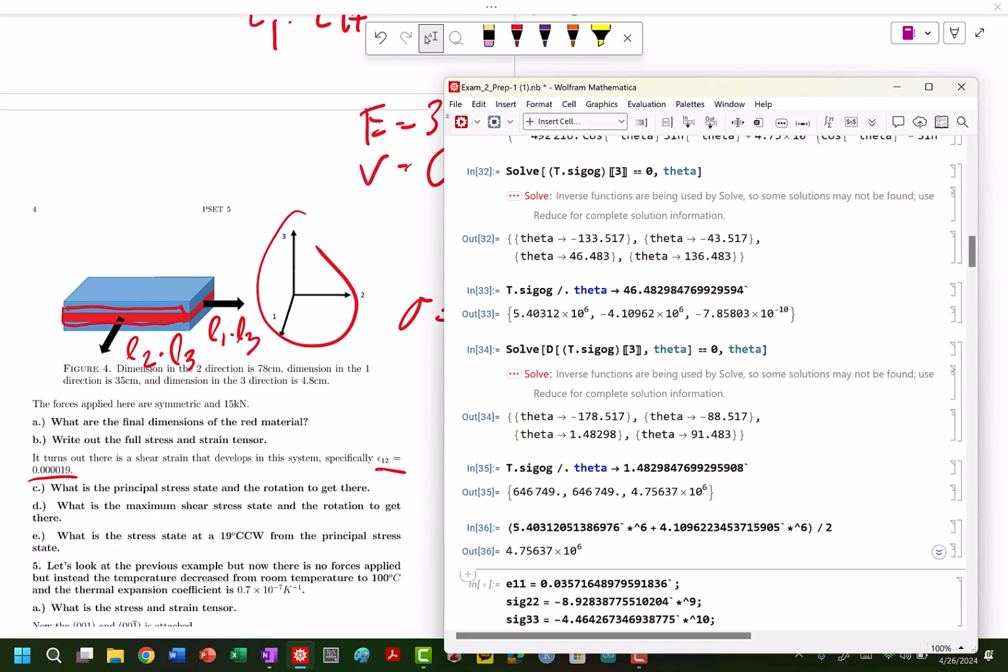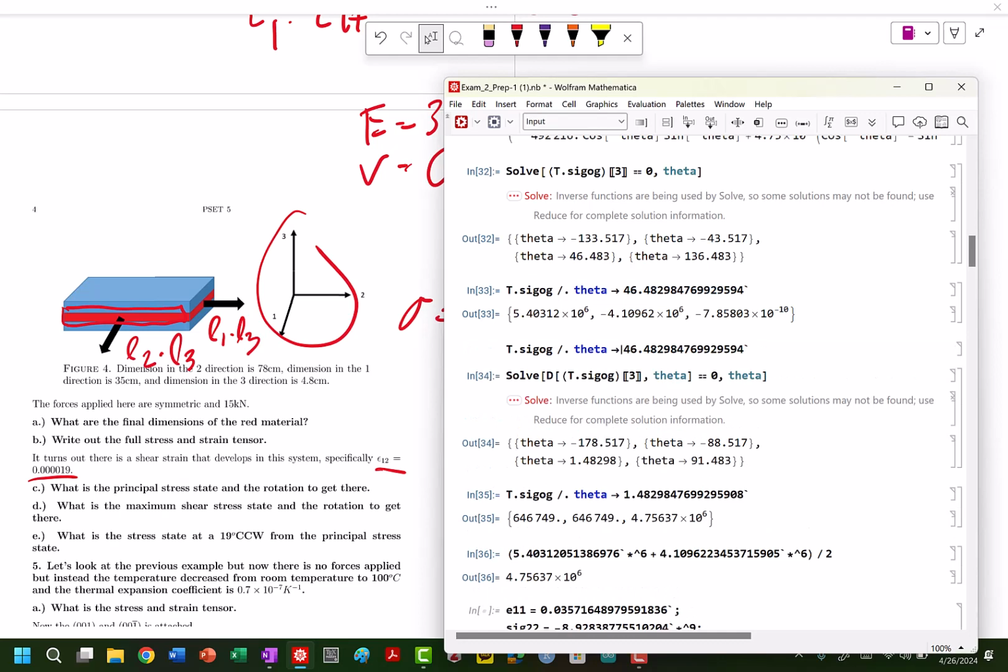What is the stress state at 19 degrees counterclockwise from the principal stress state? This is a cool problem because this is my principal stress state here. So if I'm going to do another rotation, 19 degrees counterclockwise from that principal stress state, what I would do is take this value and add 19 degrees.